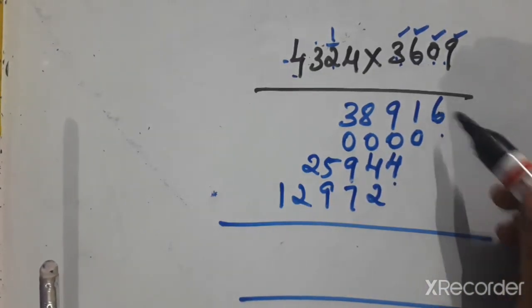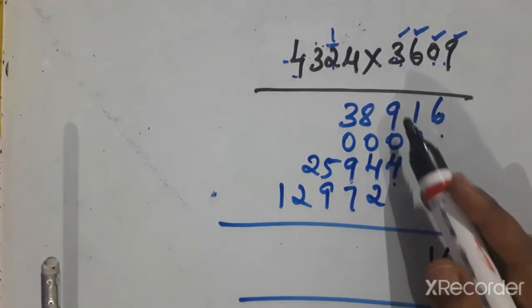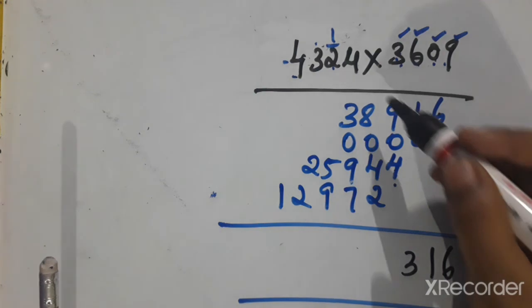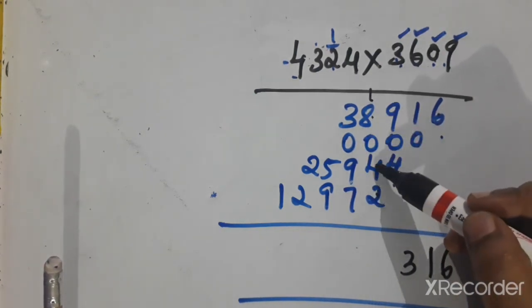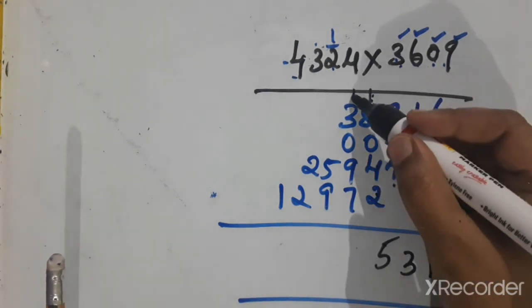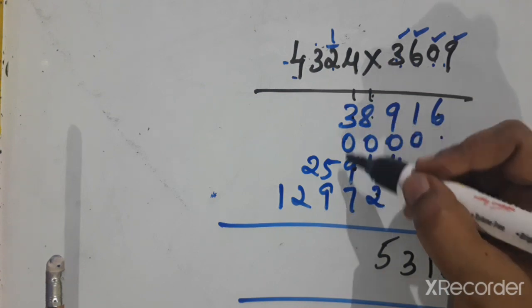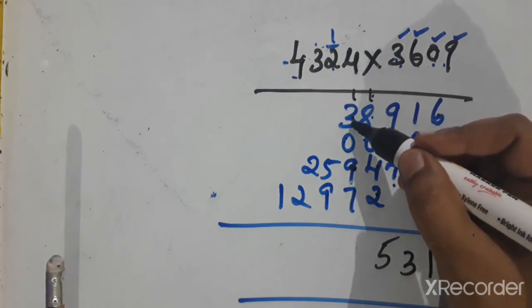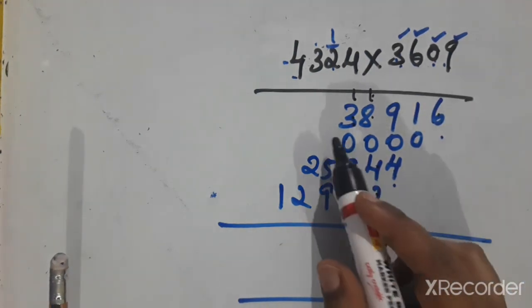Now add the total. 6, 1 plus 0 is 1, 9 plus 4 is 13, 3, 1 carry out to next place. 8 plus 2 is 10, 10, 14, 14 plus 1 is 15, 5, 1 carry out to next place. 3 plus 9 is 10, 9 plus 3 plus 1 is 10, 10, 13 plus 7 means 20, 0, 2 carry out to next place.